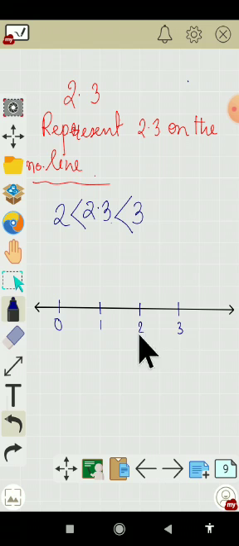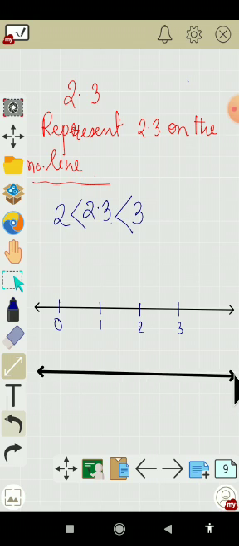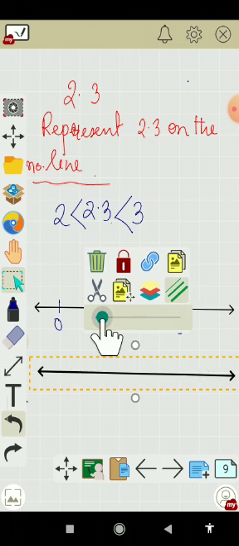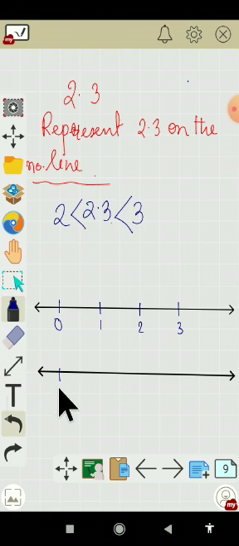So this part between 2 and 3 will contain the point 2.3. Now I want to magnify this, so I am writing the same number line again, but now I will take only 2 and 3. Make it thin first, write down 2 and 3. So this is magnified here.